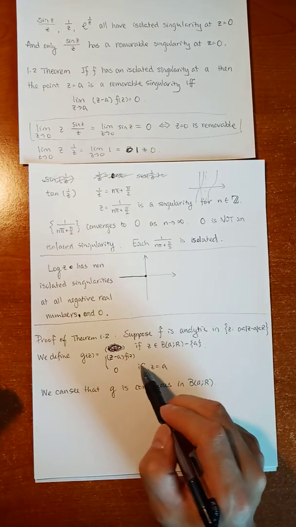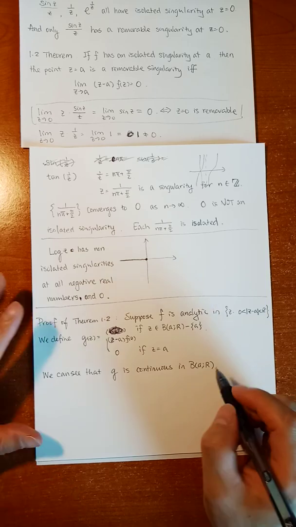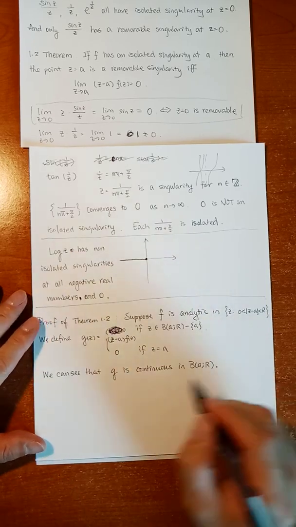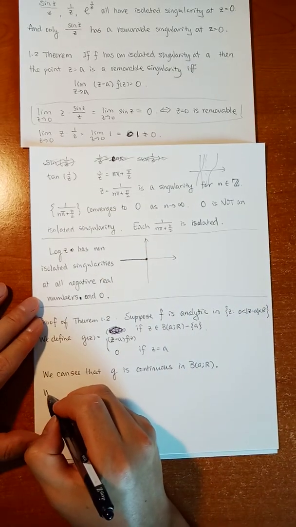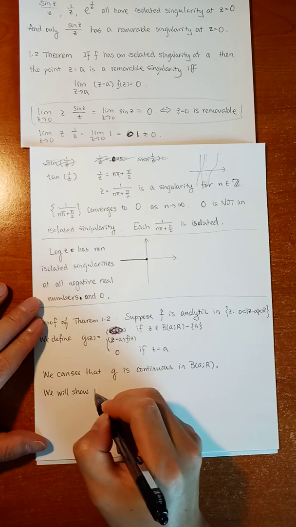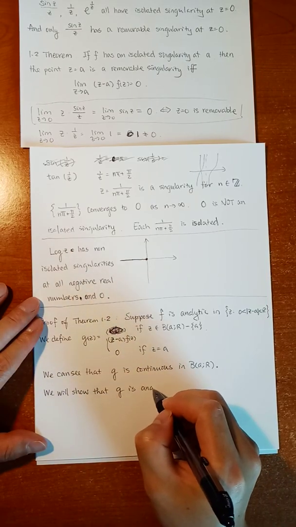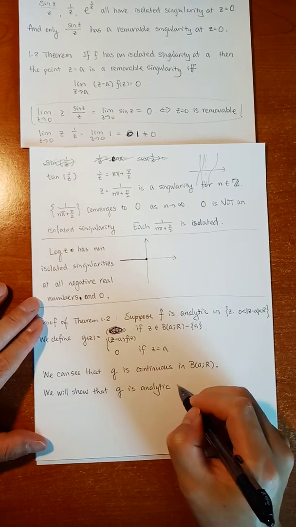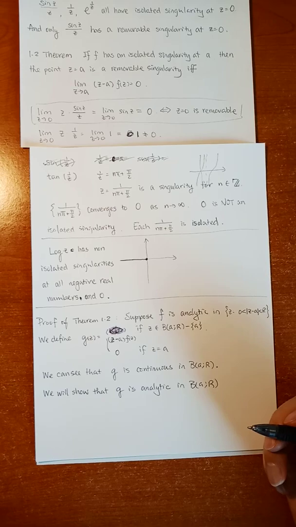Outside a it is analytic, but so far I don't need that part. So we have a continuous function in the open disk, and we will show that g is analytic in the open disk.